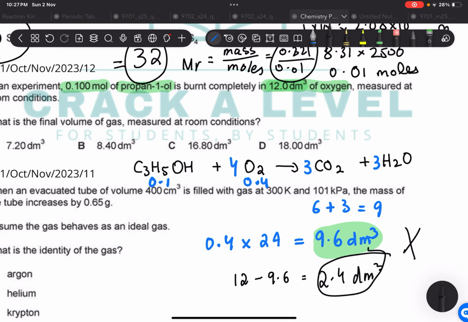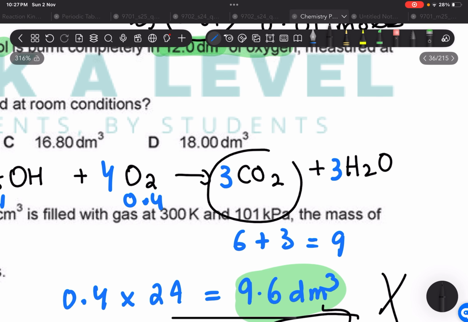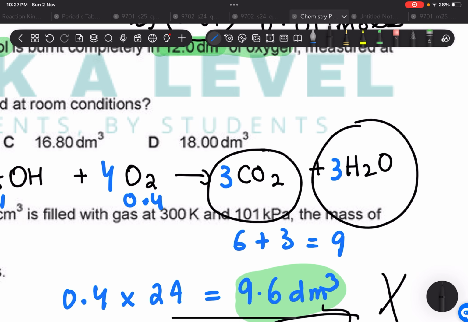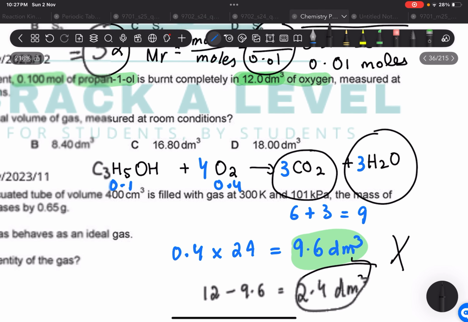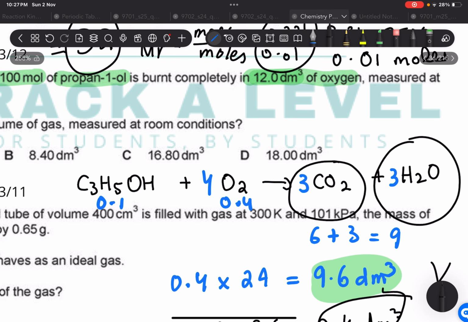Now we have to figure out how much volume these two gases are going to have. So look at the ratios again. In an equation, the most important thing is these ratios. Look, 1 mole of propanol forms 3 moles of carbon dioxide. Simple. So 0.1 moles would form how many moles of carbon dioxide? 0.3 moles. And 0.4 moles of water.